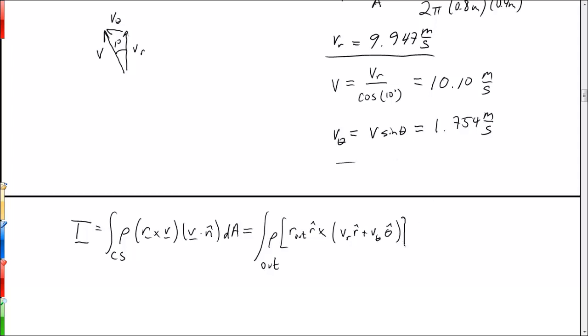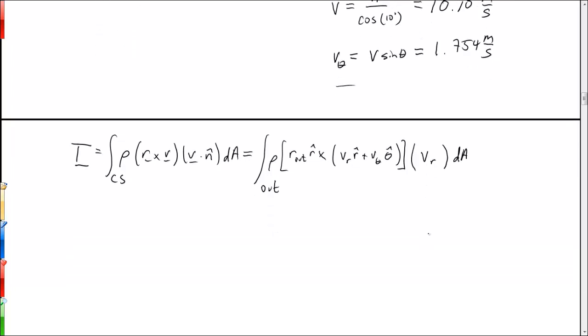And all of that times the velocity dotted with the outward pointing normal. Well, the outward pointing normal is r hat. So V dotted with r hat is just going to give us VR. And because they're both in the same direction, r dotted with r is positive. And all of that integrated over the outlet.